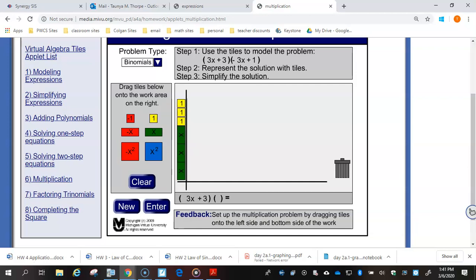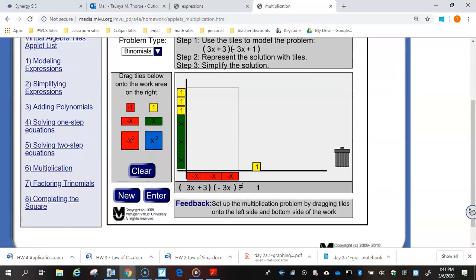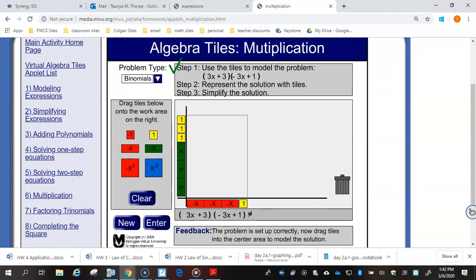How would we represent -3x plus 1? The exact same thing for the x, but negative: -x, 3 of them, -3x, and one positive tile.